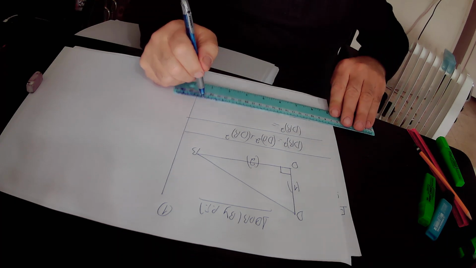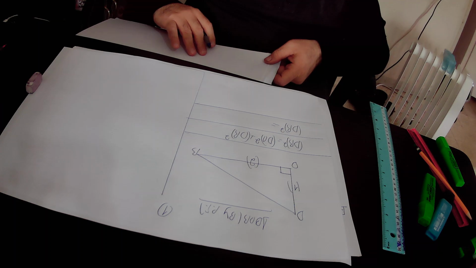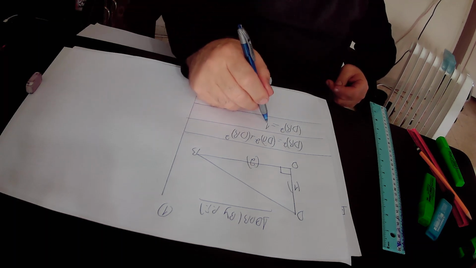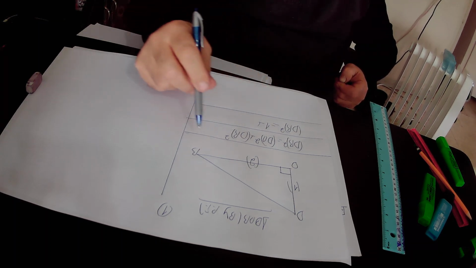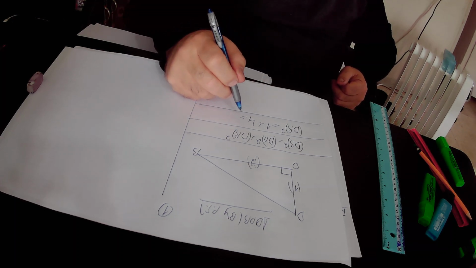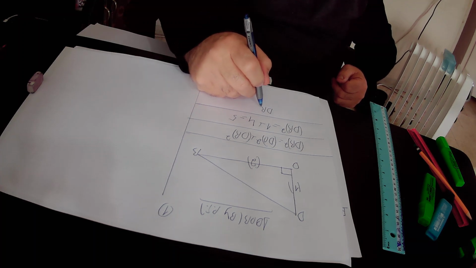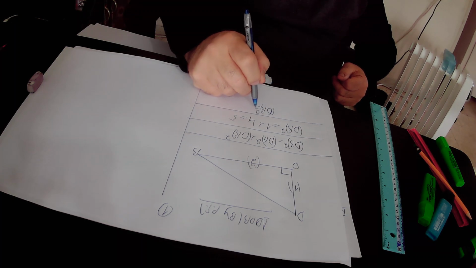DB square equals DO square. DO equals 1, therefore DO square is 1 square, that is 1, plus OB square. OB is 2, therefore OB square is 2 square, that is 4. So in total DB square equals 1 plus 4, that is 5. The square of the hypotenuse equals 5.